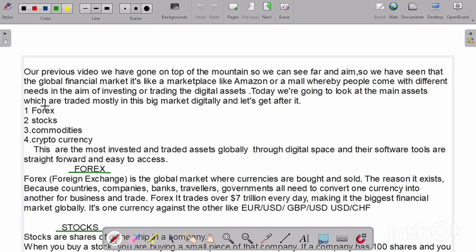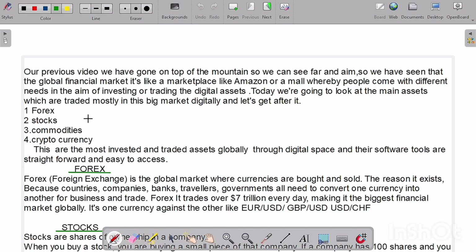One of the most traded assets is forex. The second one is stocks. The third is commodities. The fourth is cryptocurrency. These are the most invested and traded assets globally through digital space, and their software tools are straightforward and easy to access.